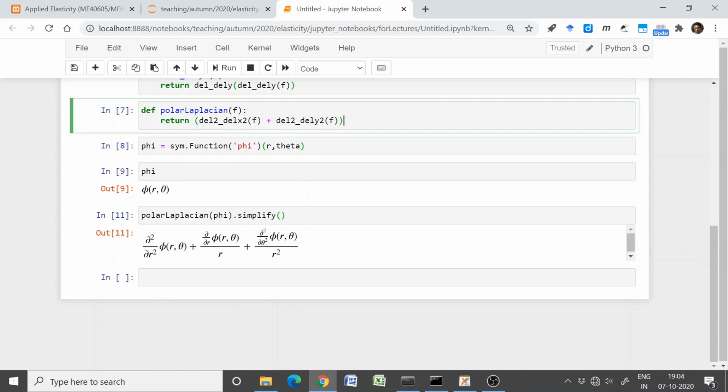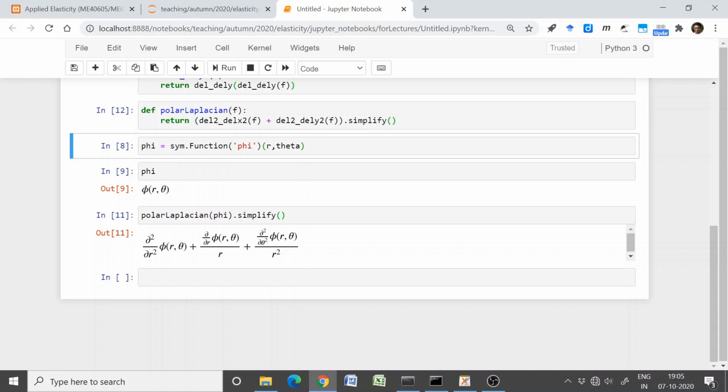Whenever possible, you try to simplify the expressions as far as possible. This is not only for the purpose of aesthetics, not just to make it look beautiful, but for subsequent calculations where you have to utilize this polar Laplacian definition as part of your 2D elasticity solutions, it will really help Symbolic Python to do the further calculations. So with that motivation, we are embedding the simplify command in the definition of the polar Laplacian.